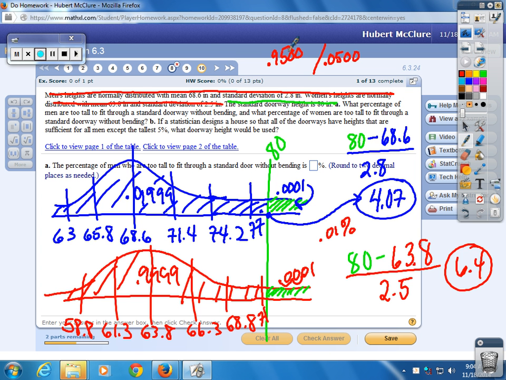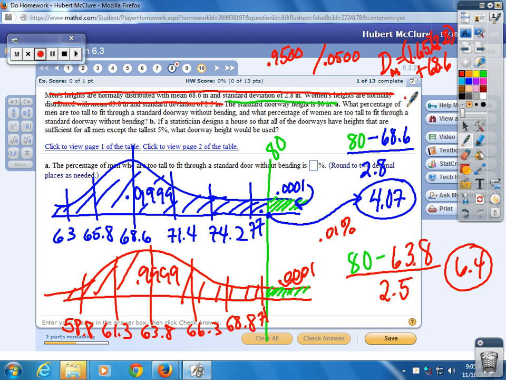Everybody get 1.65? So what are we going to use now? Oz plus mu, right? So to find our door for the men, what'd you get? 1.65 times their 2.8 and add it to 68.6.